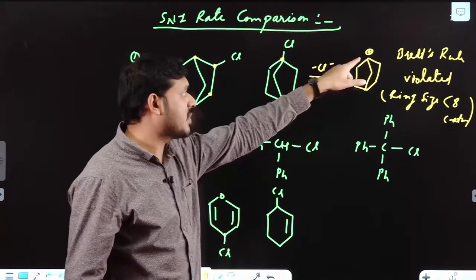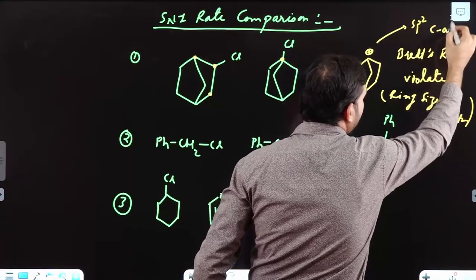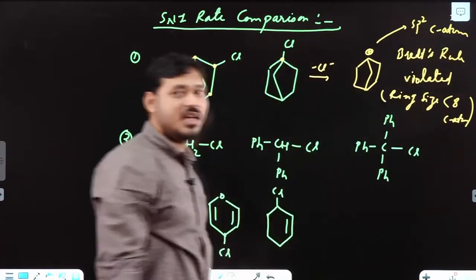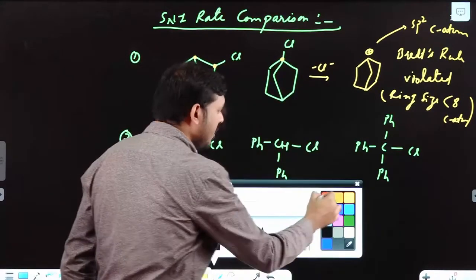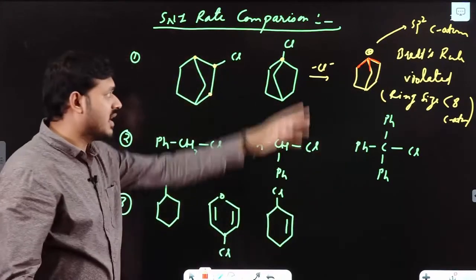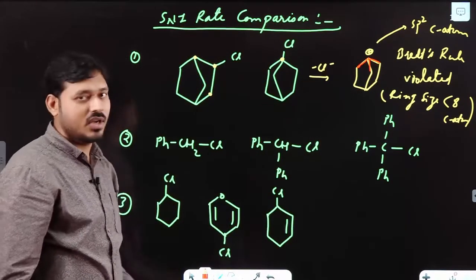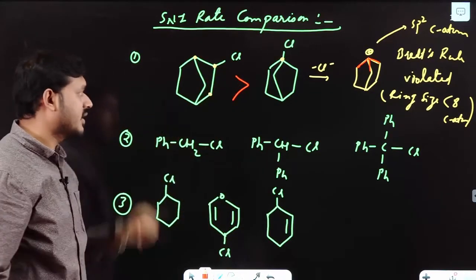Why? Because with a plus charge it is an sp2 hybridized carbon, and an sp2 hybridized carbon atom must be trigonal planar. Here you can see it is not trigonal planar, so it has high angle strain, so it is highly unstable. So in these two, this will have the higher rate of SN1.